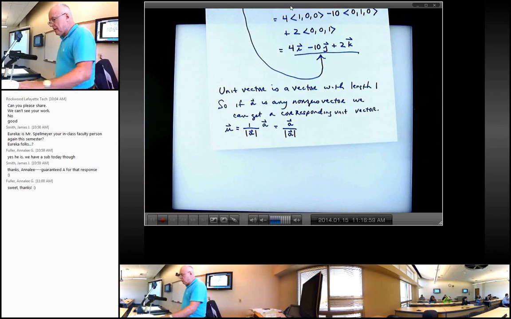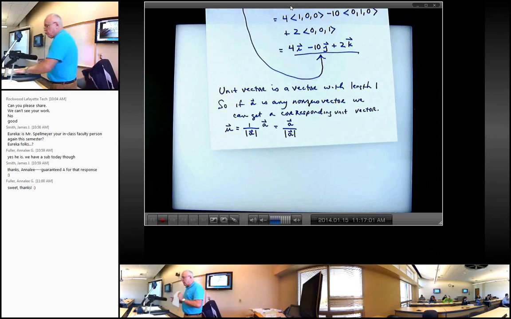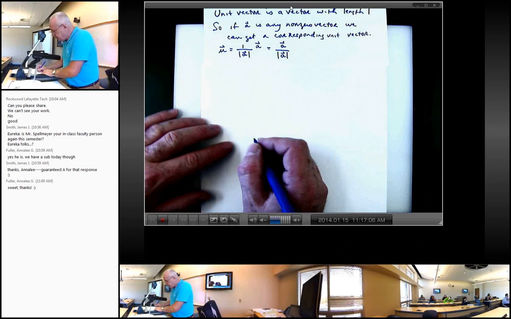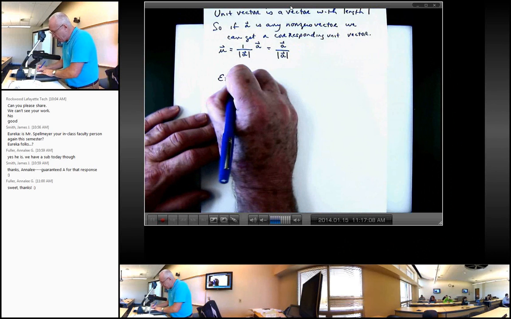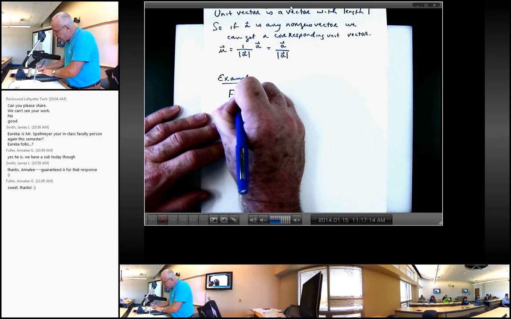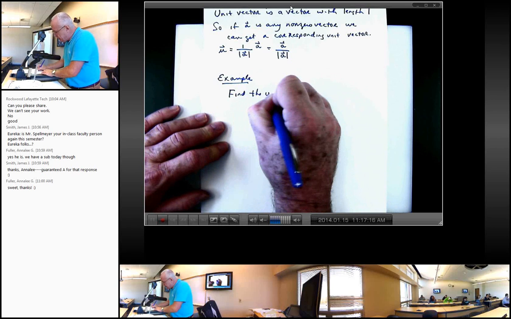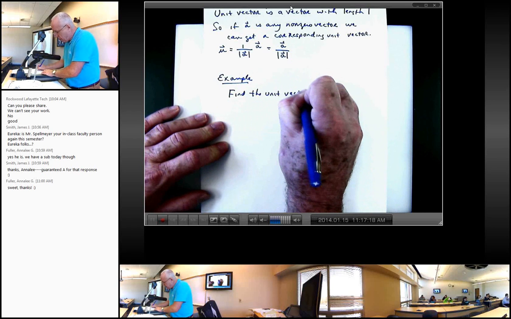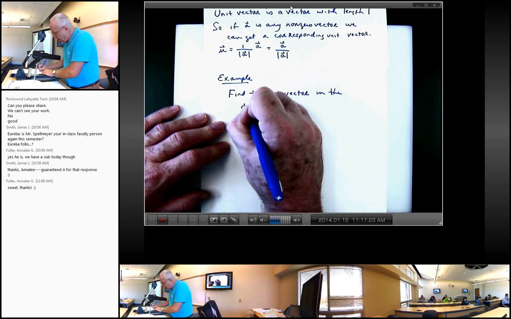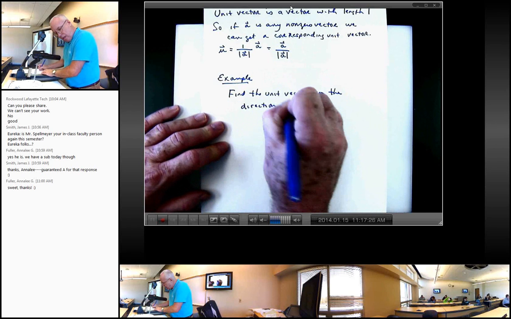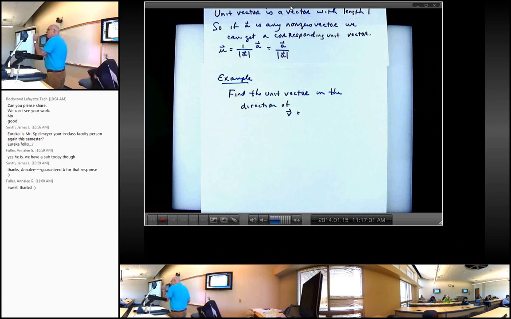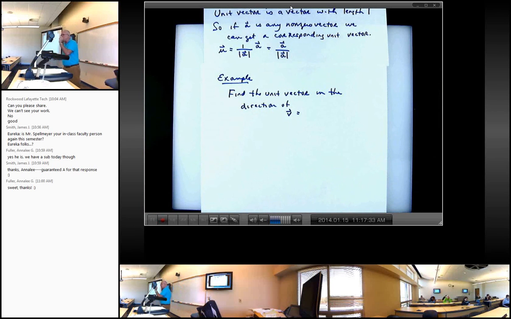So let's look at a concrete example of how we can do this. Example: find the unit vector in the direction of V, and get used to two different ways that you're going to see vectors written.